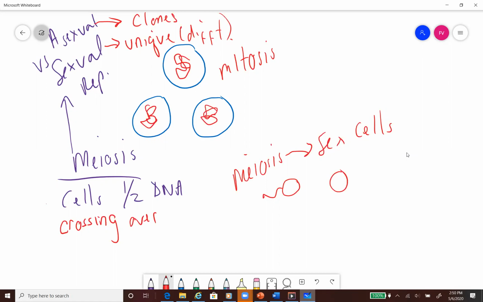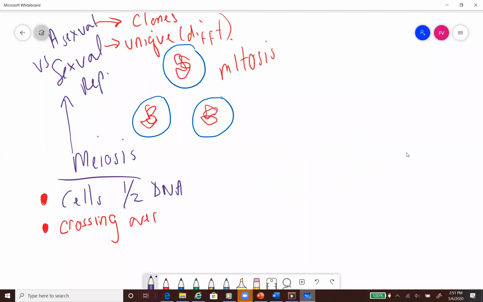One is the cells end up getting half the DNA, and the DNA is all mixed up because of crossing over. Now, why are we doing this? Well, because if meiosis makes sex cells, then the math makes sense. So let me show you what I mean.